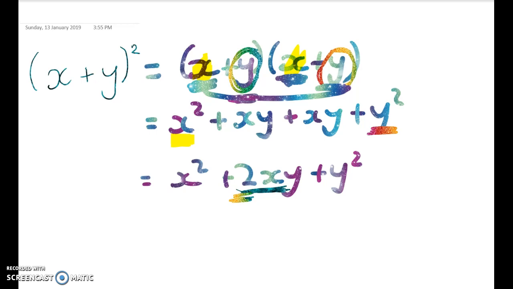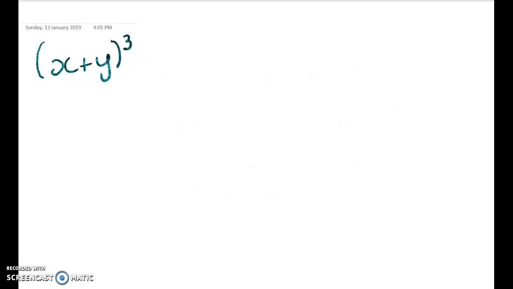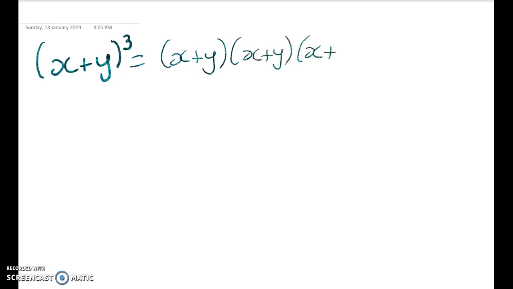Okay. The next thing we're going to look at is what happens when we move up a notch and expand (x + y)³. So we can write that out as follows.